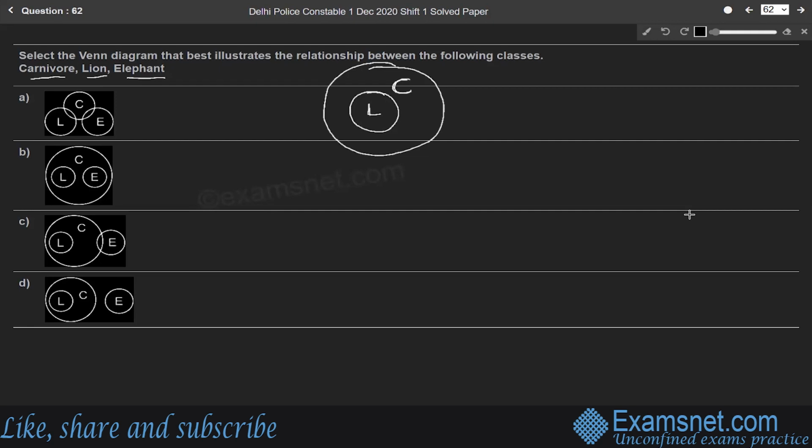Therefore, this set L completely belongs to the set of carnivorous animals, right? Whereas set E, the set of elephants, since they are herbivorous animals, they are plant eaters. So they do not belong to the category of lions or carnivores, right? Therefore, option D is the right answer.